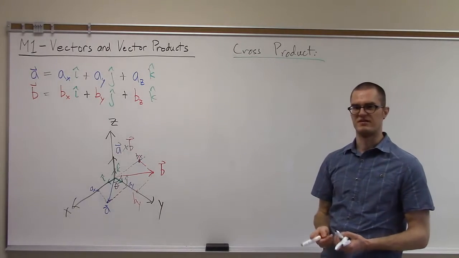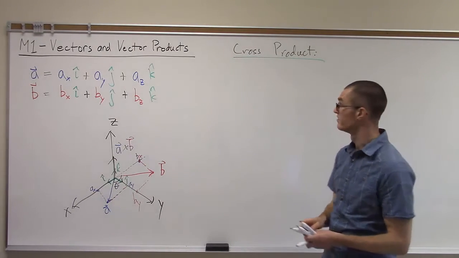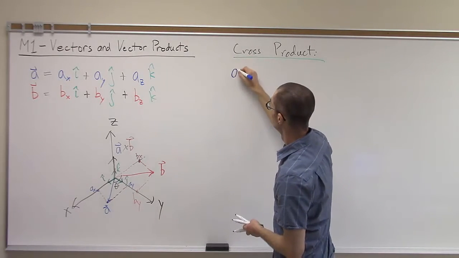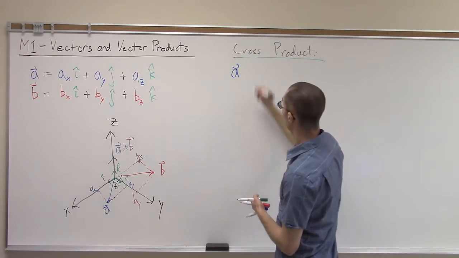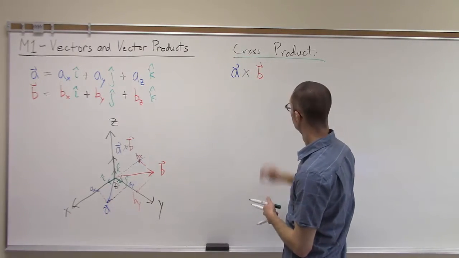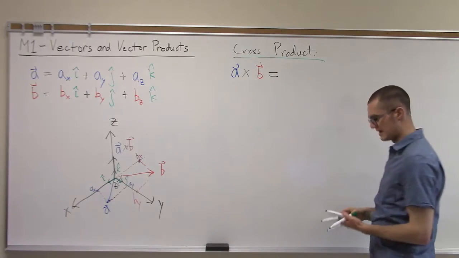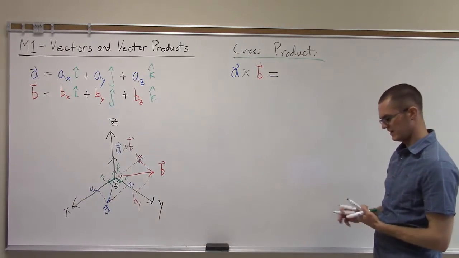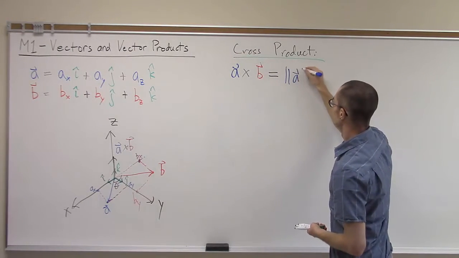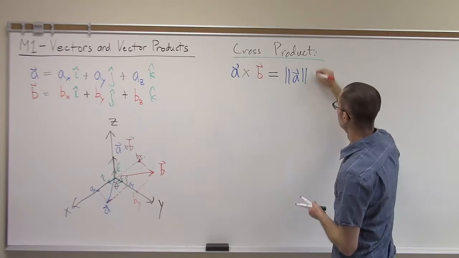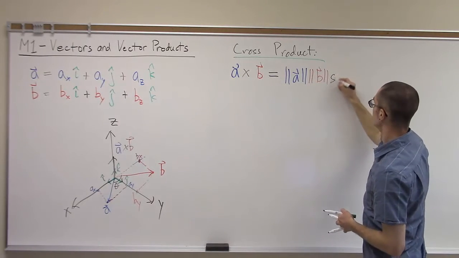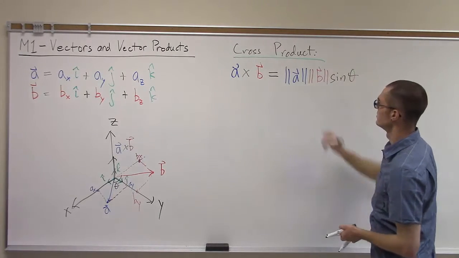And this is sort of the opposite of a dot product. So we start with a cross b. And now, rather than taking the cosine of the angle between them, we're going to look at the sine of the angle between them. So we're going to have magnitude of a times magnitude of b times the sine of the angle between them.